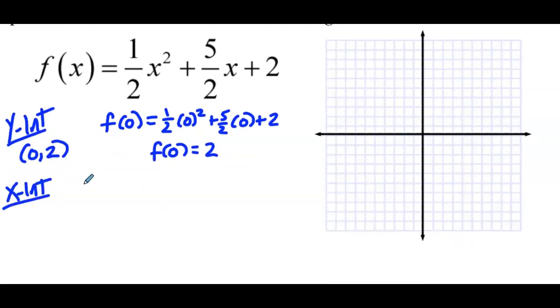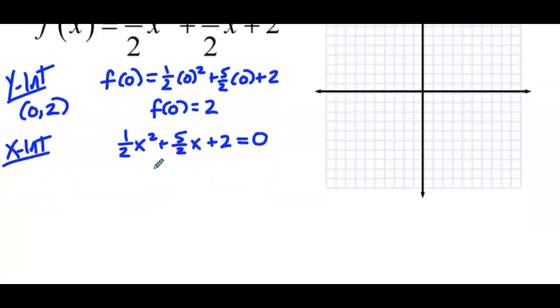Next up, we'll find the x-intercepts. So 1/2 x squared plus 5 over 2 x plus 2 equals 0. In order to factor this, we'll pull out a 1/2, and we'll have x squared plus 5x plus 4 equals 0. So that makes life a lot easier for factoring.